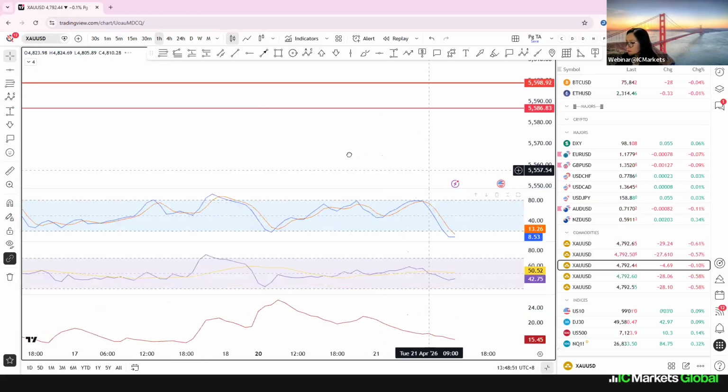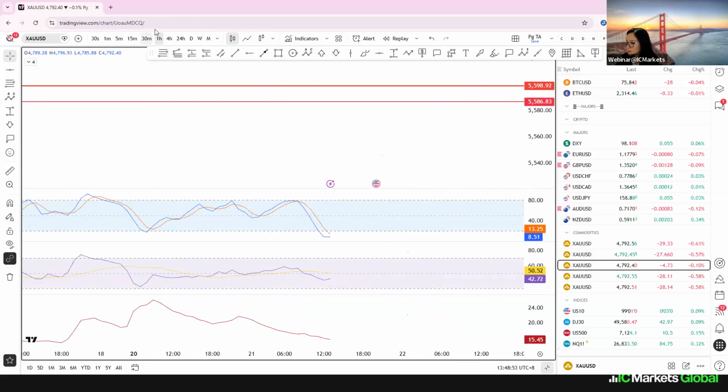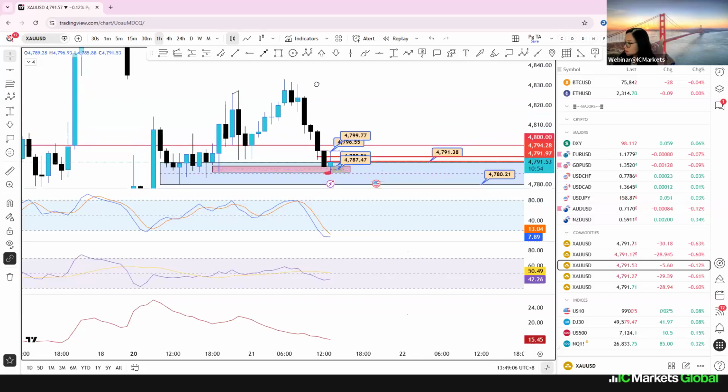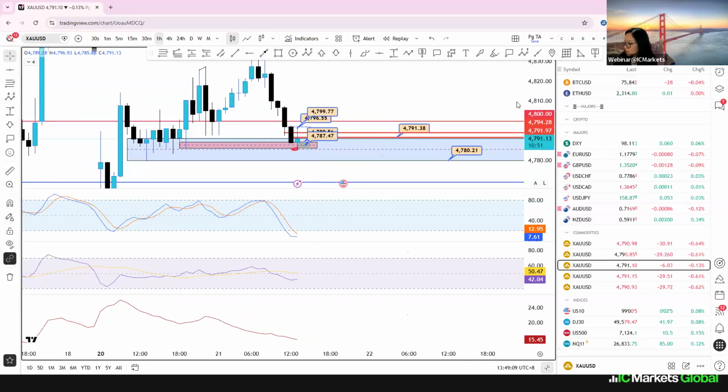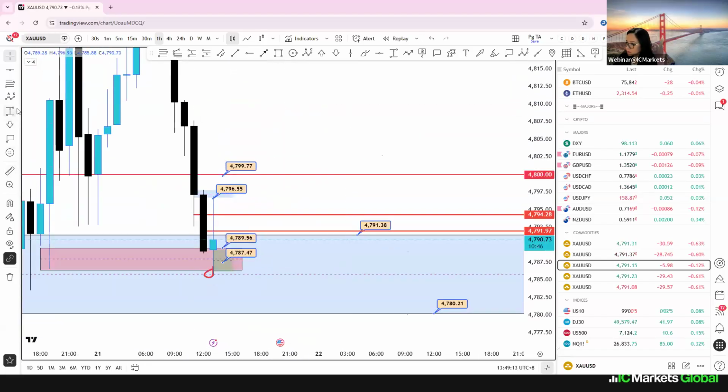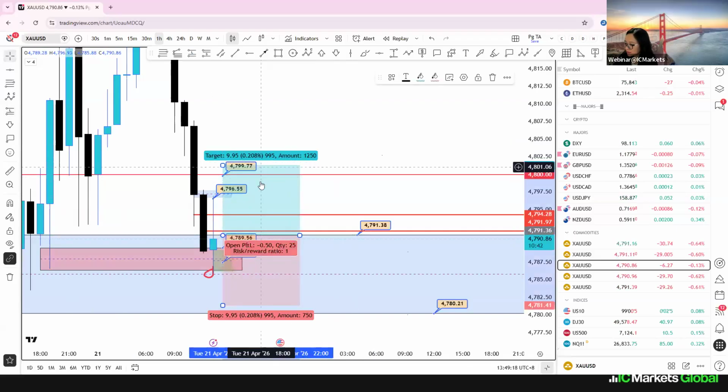A quick, simple method is this: if you want to trade gold on the H1 time frame, you've got to know that in the H1 time frame, gold moves about 150 pips. Meaning, let's say you're going to buy gold now at 4791. You go long right now, exactly, let's say here.